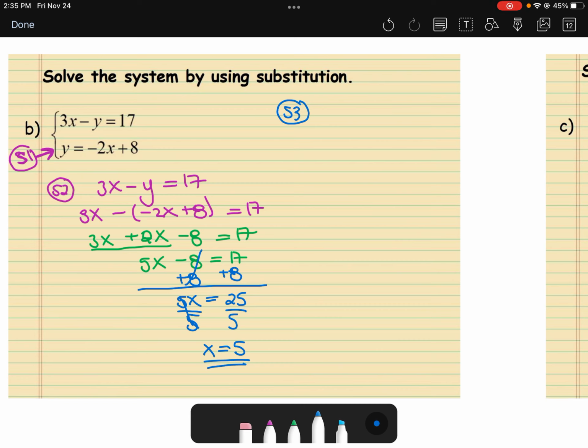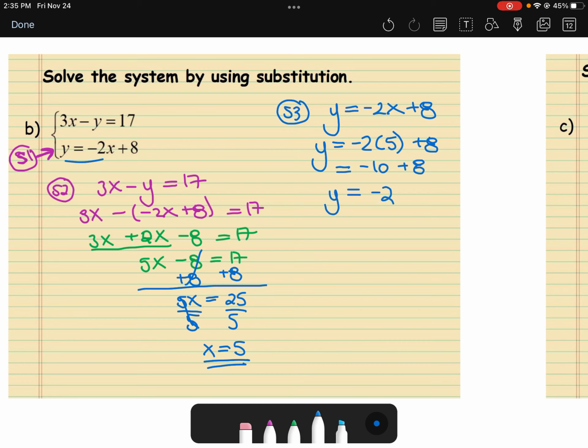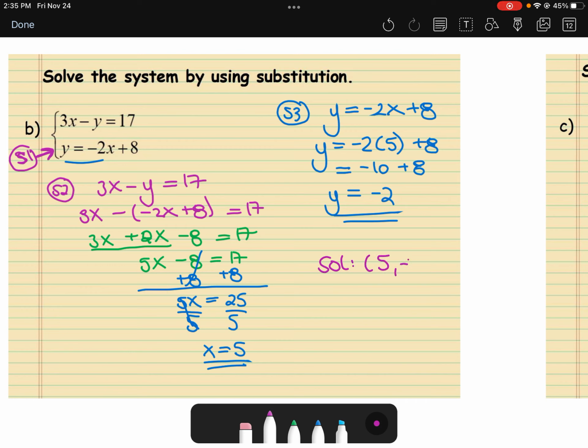And again, I'm going to pick the one that's the least amount of math. So y is equal to negative 2x plus 8. X is equal to 5. Negative 2 times 5 is negative 10. And negative 10 plus 8 is going to give me negative 2. So then my solution here is going to be 5, negative 2. So this is the point where these two lines intersect.